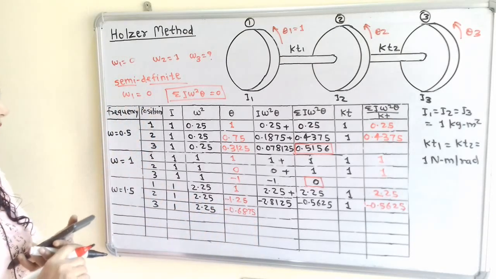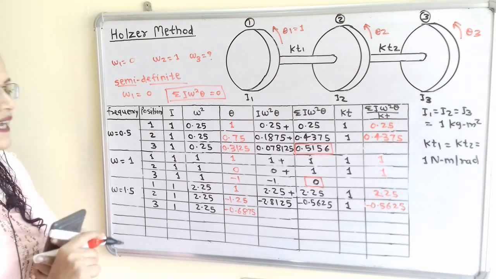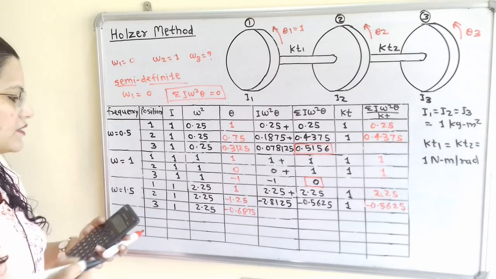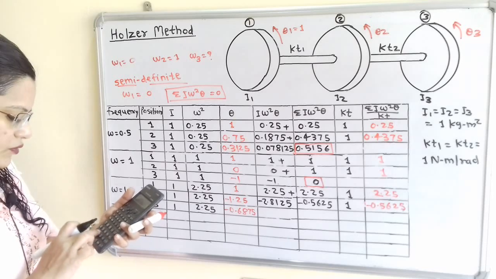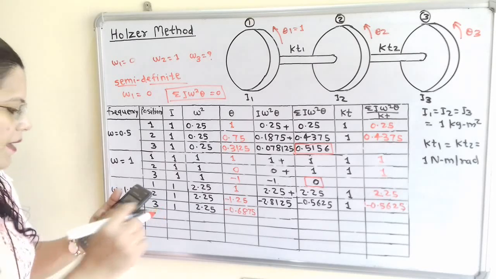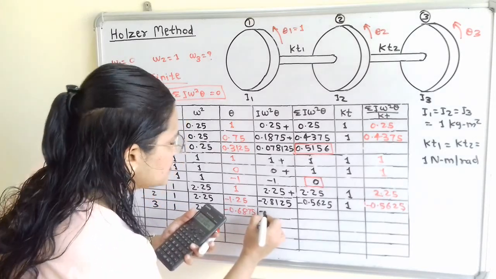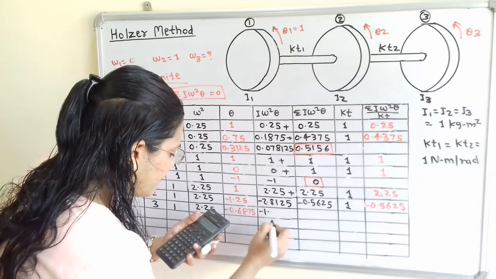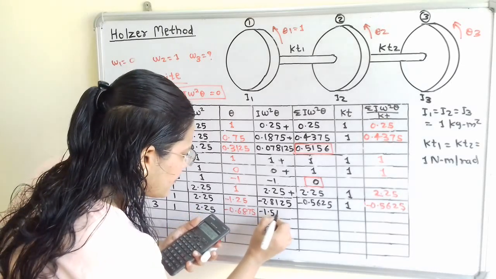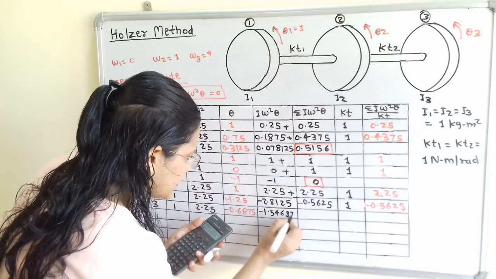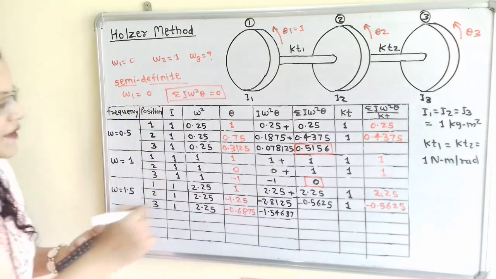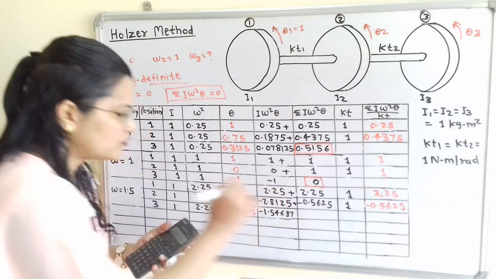Then next, the multiplication of I omega square theta. So multiply with 2.25, minus 1.5468.